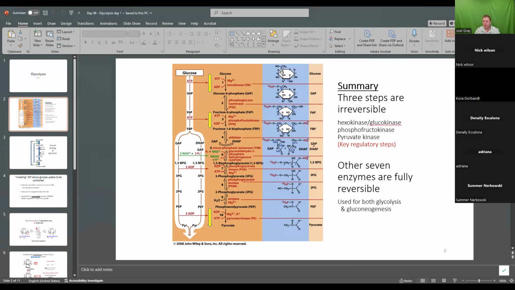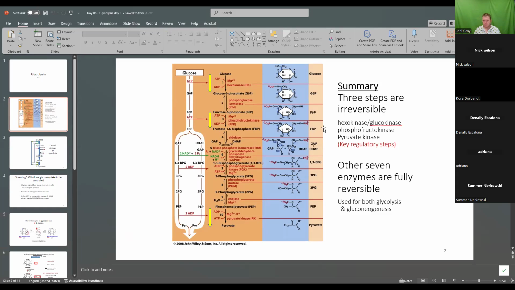So we took an aldose, we phosphorylated it, we isomerized it to make a ketose, that being fructose 6-phosphate, and then we phosphorylated it again to make fructose 1,6-bisphosphate. That's the whole thing of the first part of glycolysis in a nutshell.